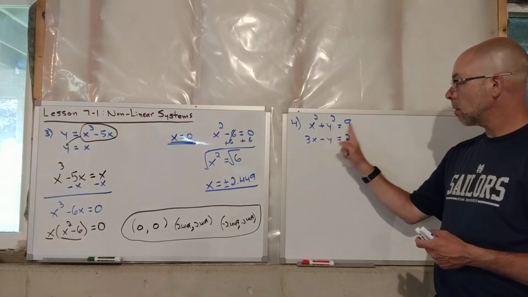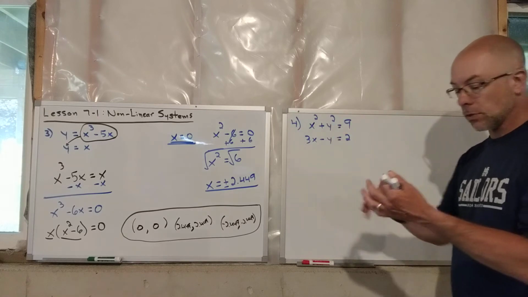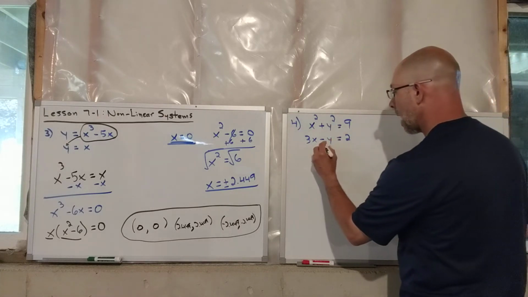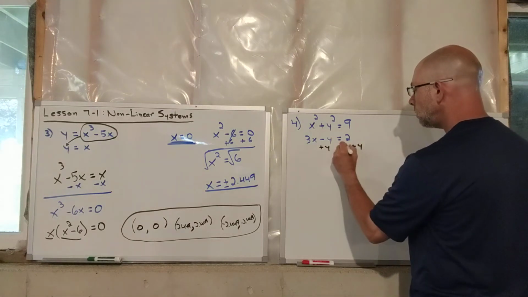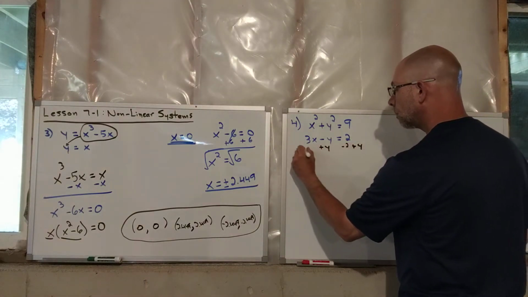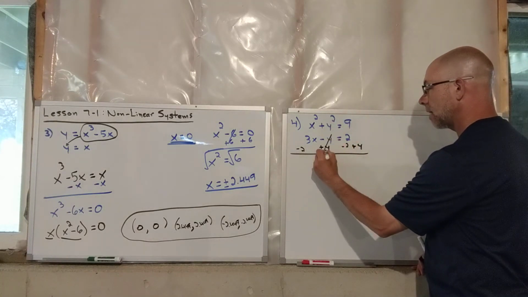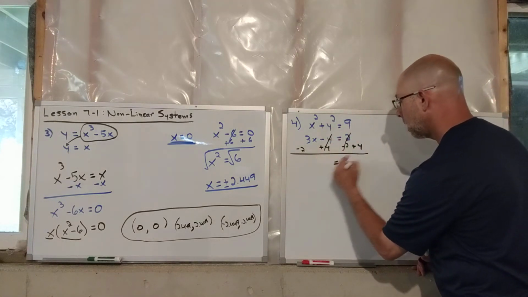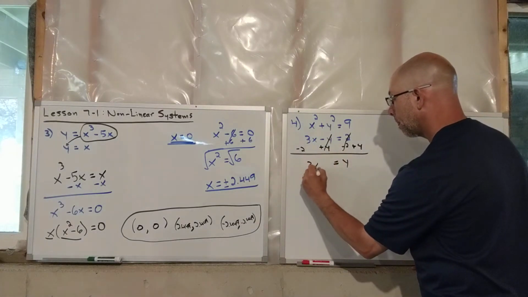Here's the move I'm going to make. I'm going to move the y over to this side so that it's positive, and I'm going to move the 2 over to that side so it says y equals. So I'm going to do that all at once. I'm going to add y and subtract 2. Kind of looking messy here, but that's out and that's out. This has the y over here, and this is 3x minus 2.